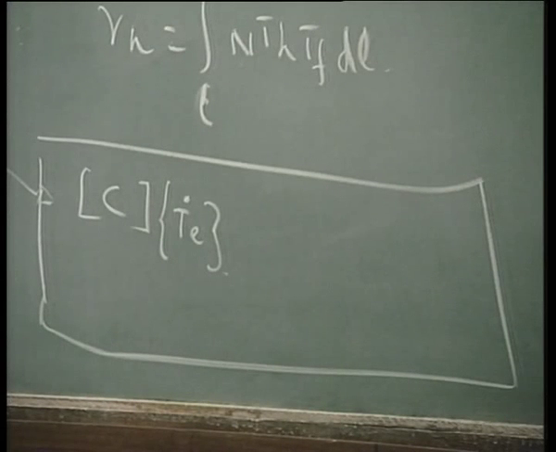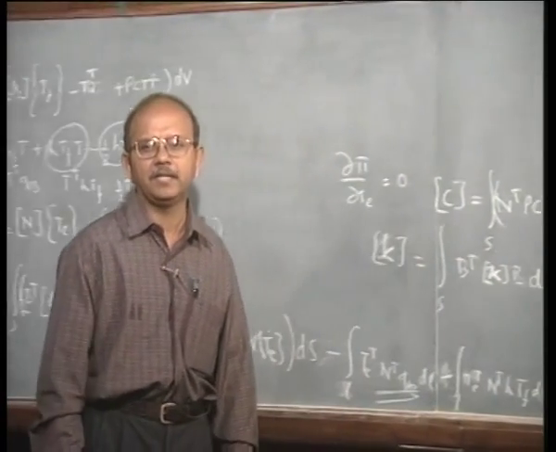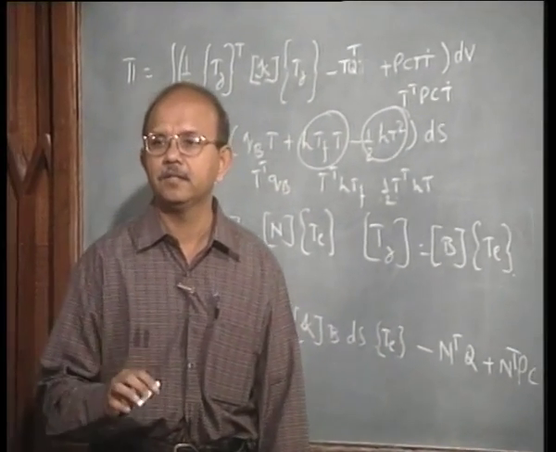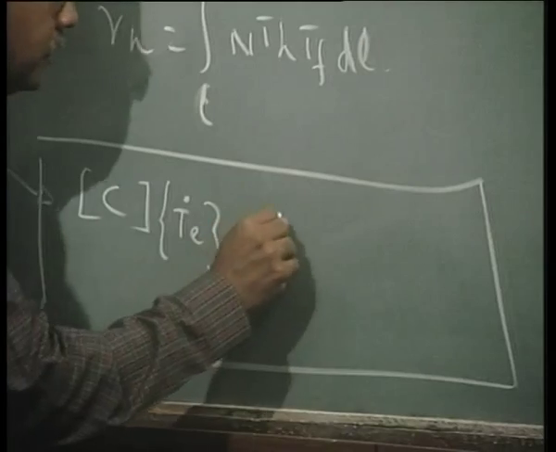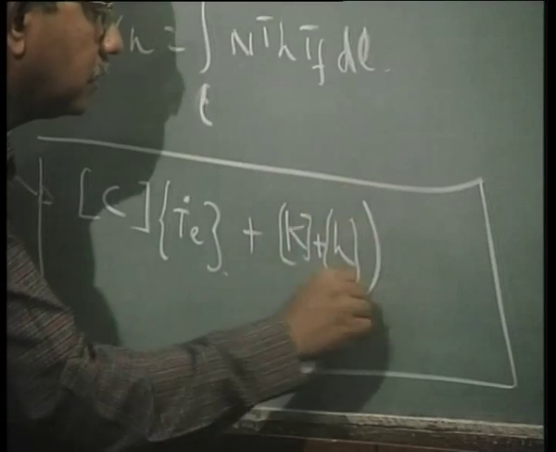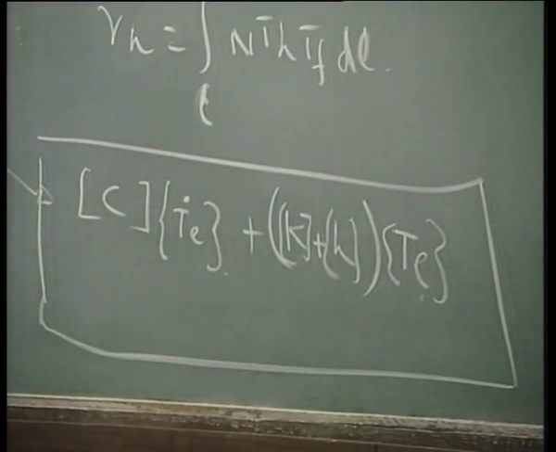What would be the other things that will be there? K, T, it will only be K B with T. Is there anything else which will be with T? H. So I would say plus K plus H, T. Is that right?